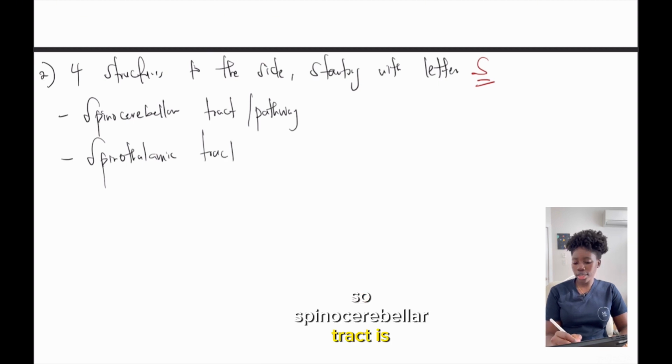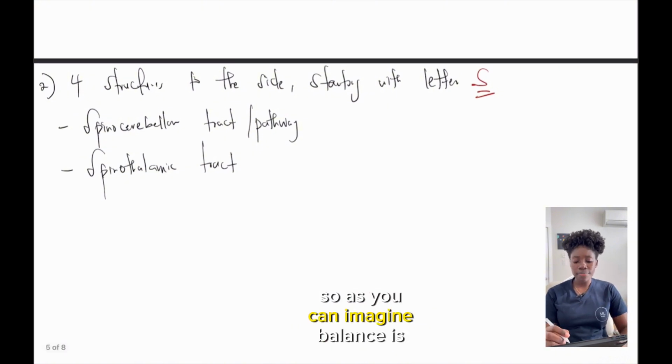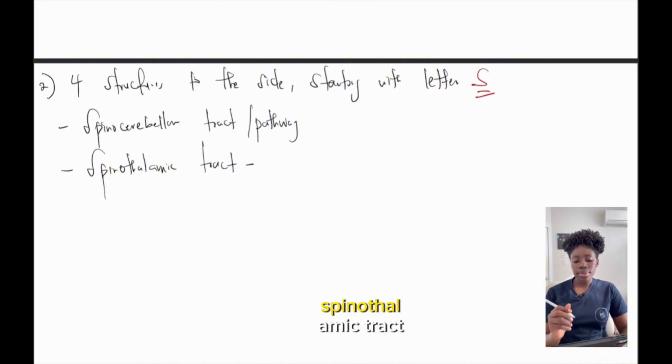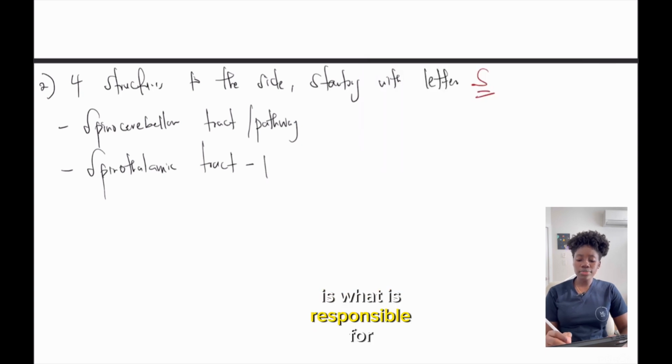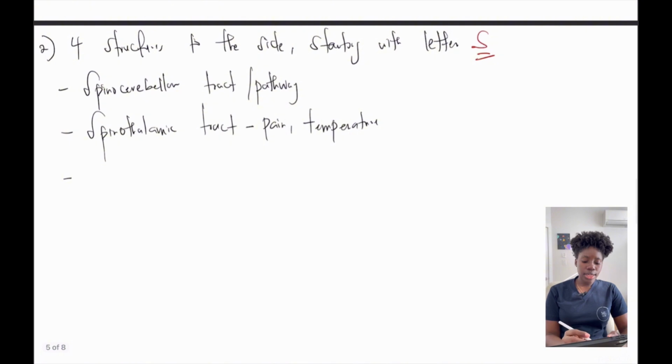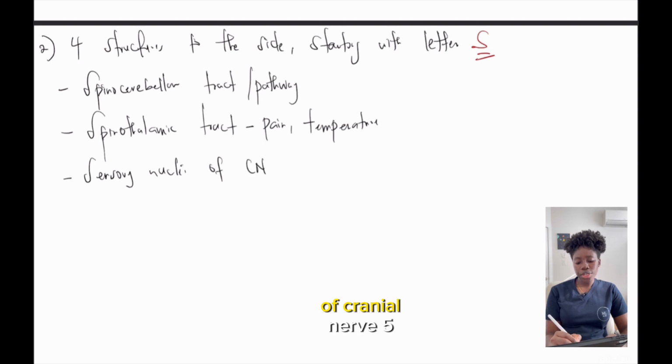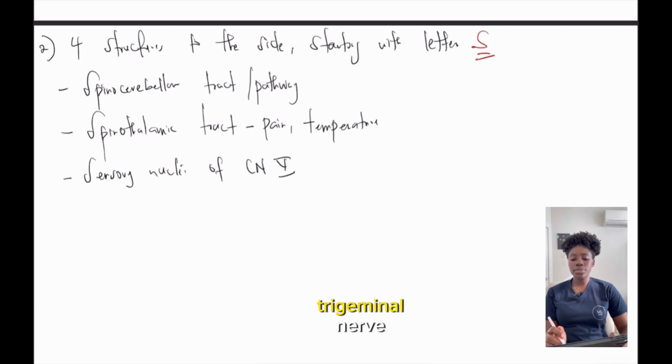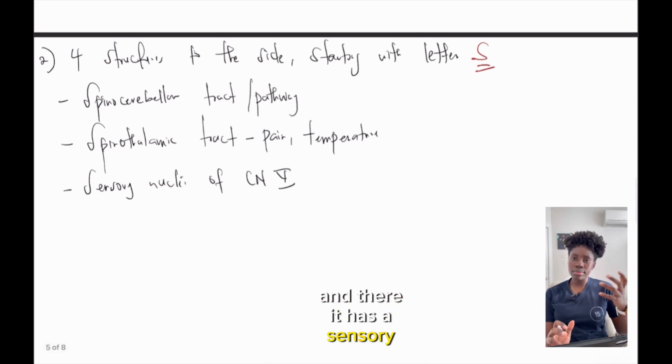So spinocerebellar tract is related to the cerebellum. So as you can imagine, balance is important there. Spinothalamic tract is what is responsible for conducting pain and temperature. All right. The third structure is the sensory nuclei of cranial nerve 5. So cranial nerve 5 is a trigeminal nerve, and it has a sensory and motor side.